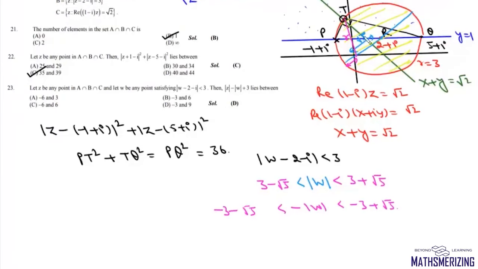Now for this mod Z, it lies on the same circle, but on the positive side when the value of y is greater than or equal to 1. So this mod Z will be less than maximum value of modulus on this circle, which is 3 plus root 5, and it'll be greater than this distance, and this distance is root 2. So it'll be greater than root 2 but less than 3 plus root 5.